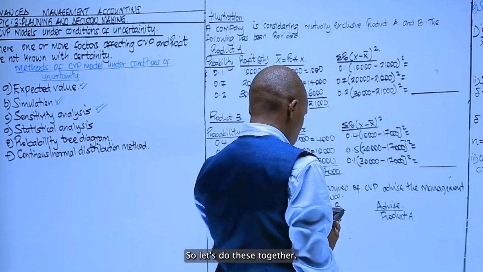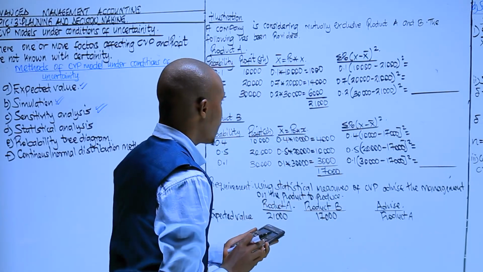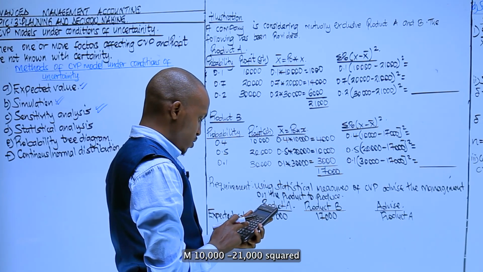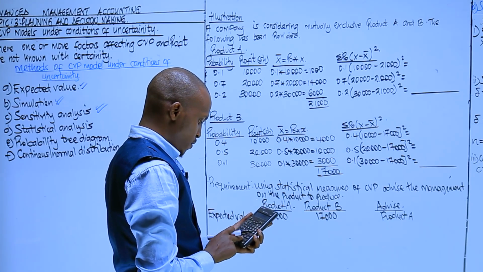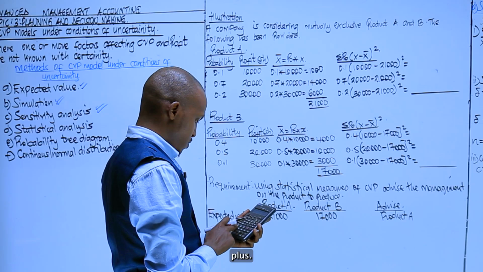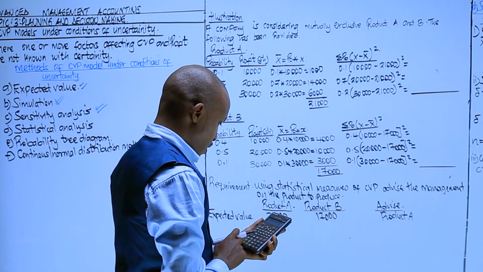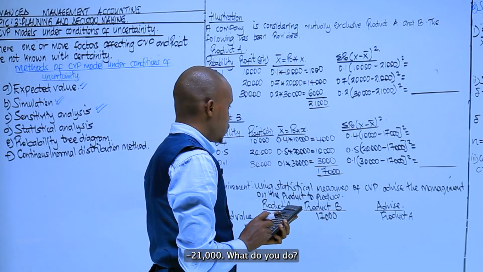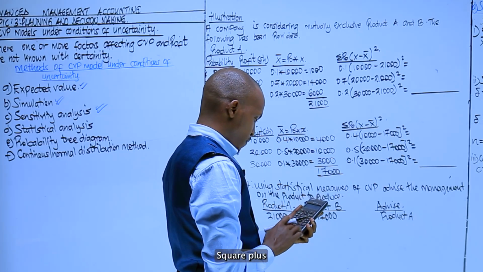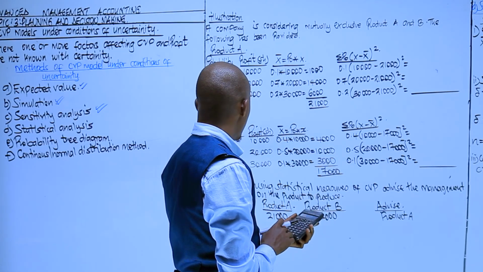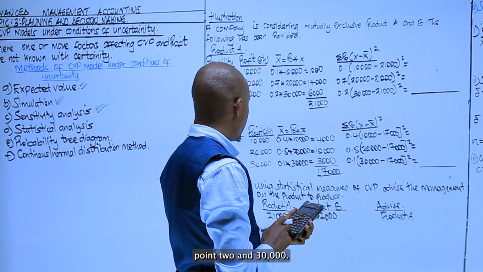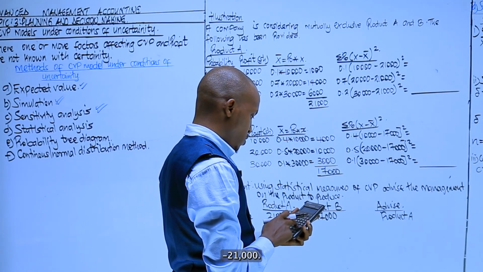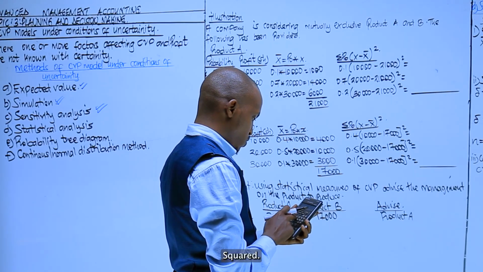So let's do this together. 0.1 times 10,000 minus 21,000 squared, plus 0.7, 20,000 minus 21,000, you square, plus 0.2, 30,000 minus 21,000 squared.